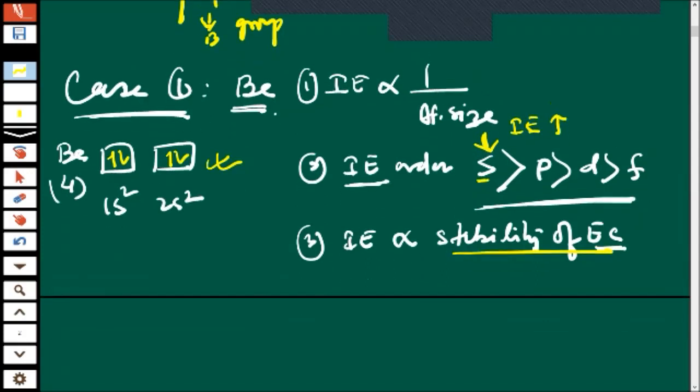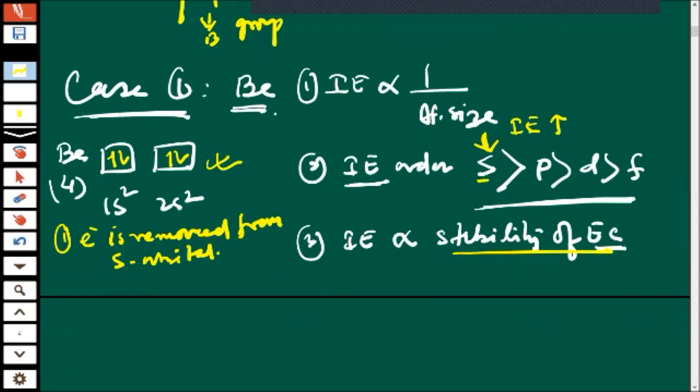So we can say that the electron is removed from S orbital. This is one reason why ionization energy is high.